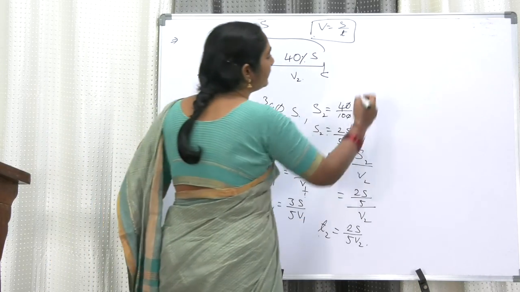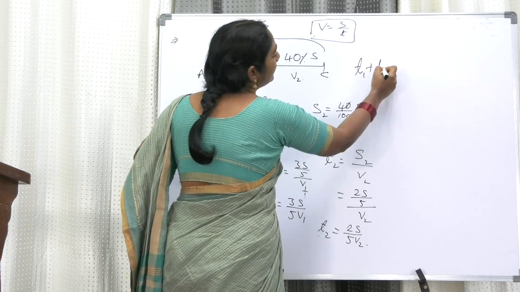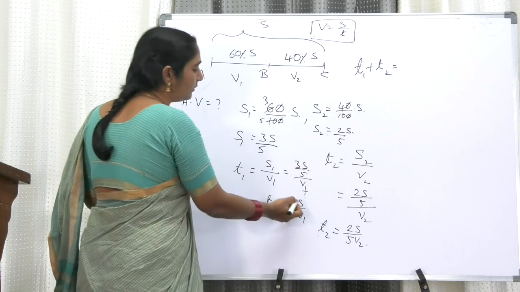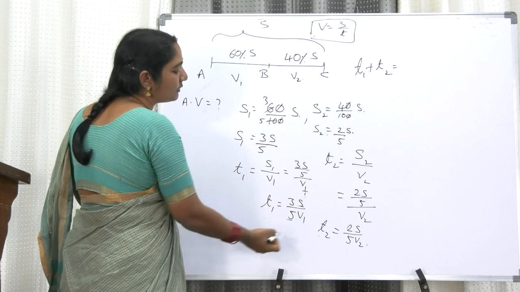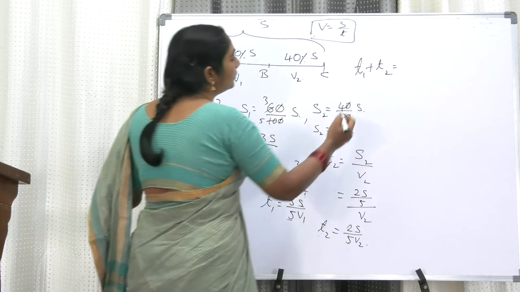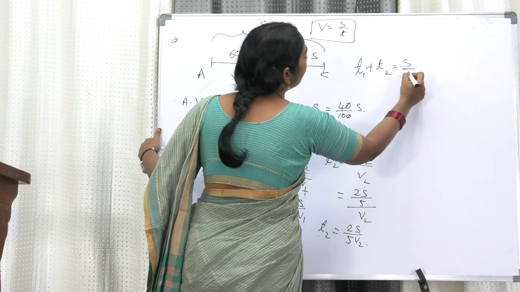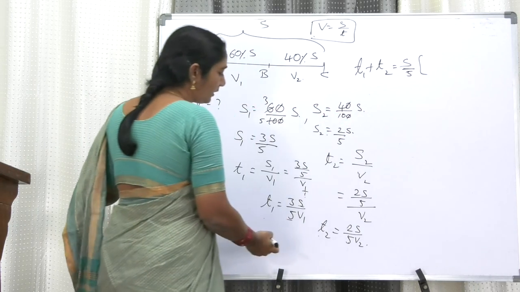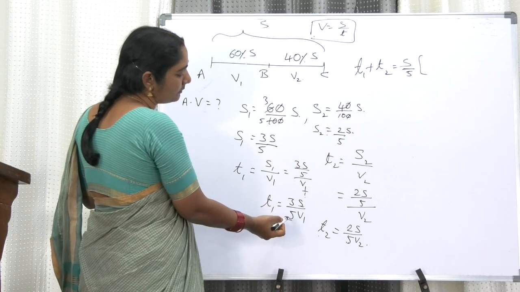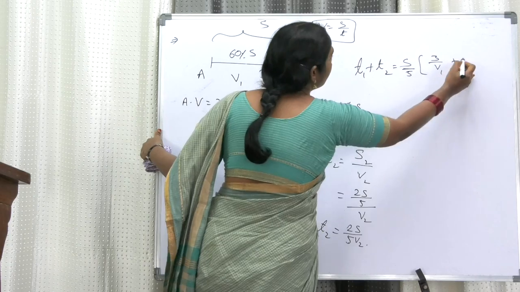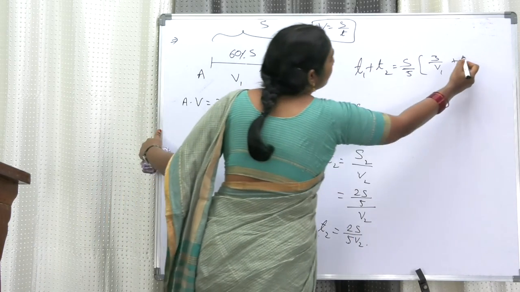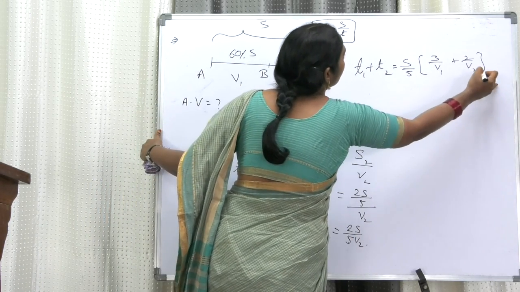So the total time is t1 plus t2. Total time is equal to, see my dear friends, let us take S by 5 as common in both. So now this becomes 3 by v1 plus 2 by v2.